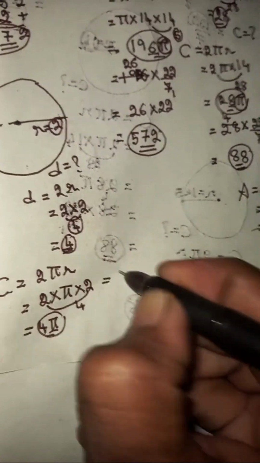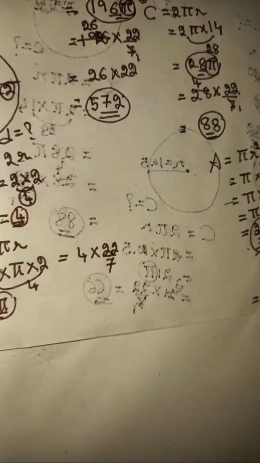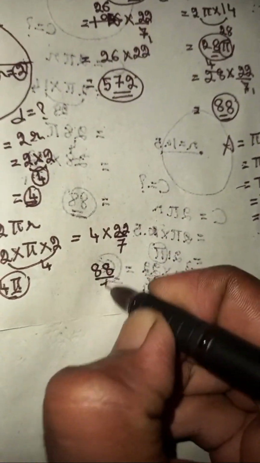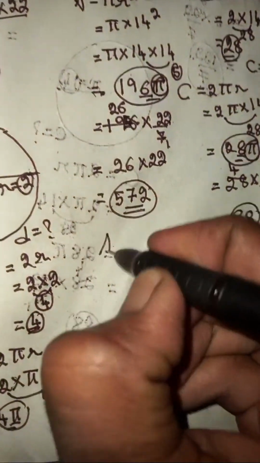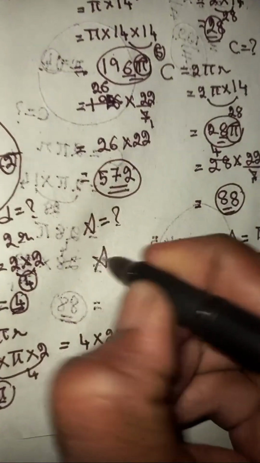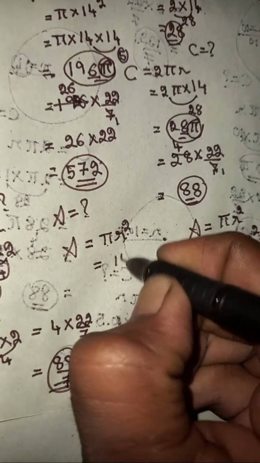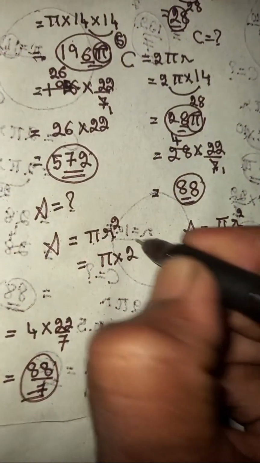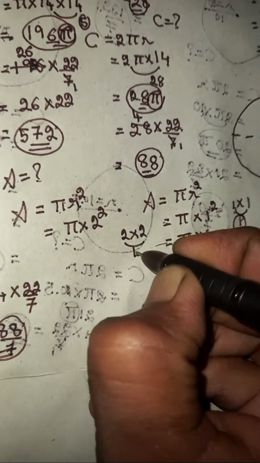Or you can write it as 4 times of 22 by 7. 4 times of 2 is 8, and again 4 times of 2 is 8. 88 by 7. That is the complete circumference. Now let's take the area. Area is pi r square. Pi r square means pi times of, they have given radius as 2 units, 2 square. 2 square means 2 times of 2, which is 4.